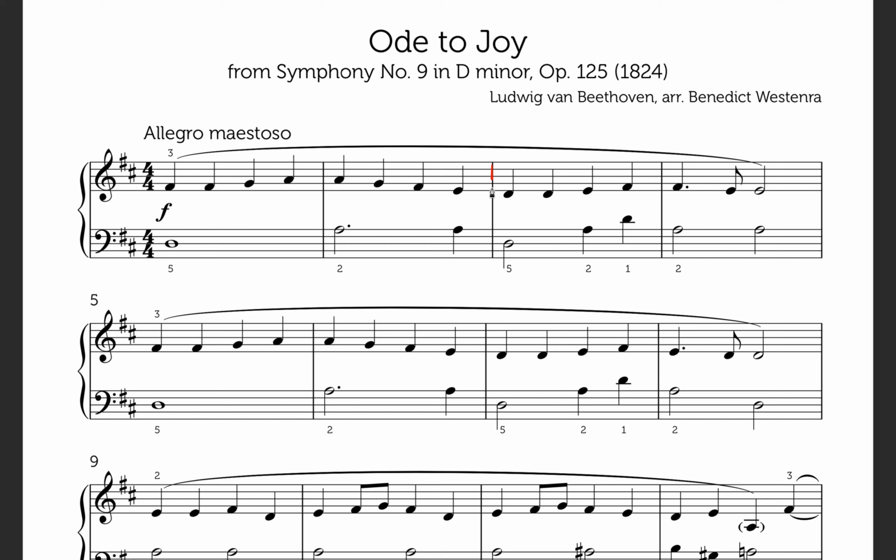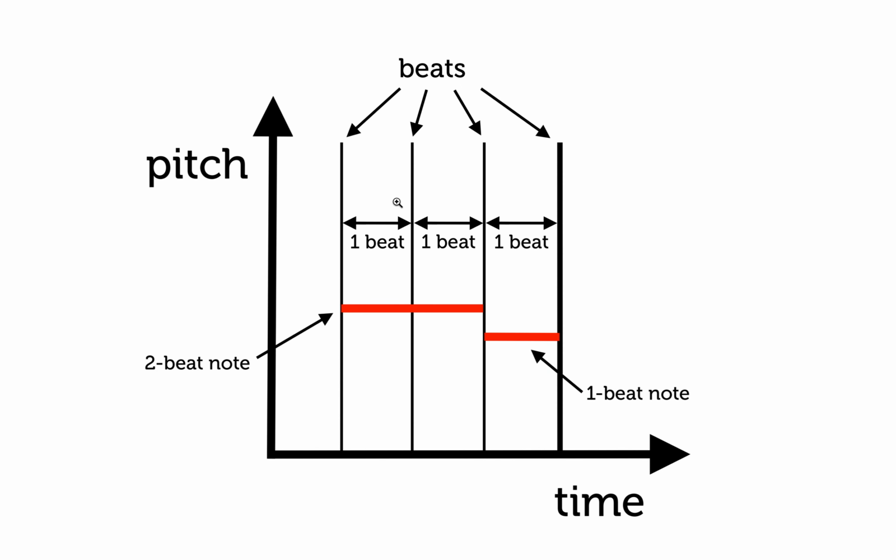So you could actually take out these lines and the music would be played exactly the same way. They kind of help you read the score rather than have a particular function. So anyway, that's a bar line. It's basically a line dividing two bars. So this is bar 1, this is bar 2, bar 3, bar 4, and these bars are divided by bar lines.